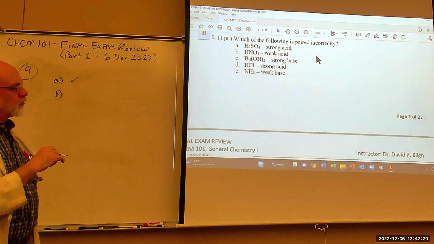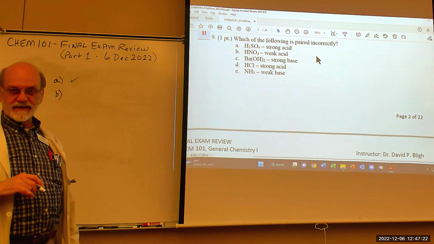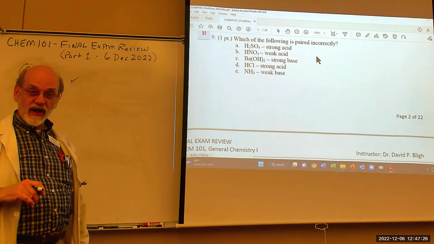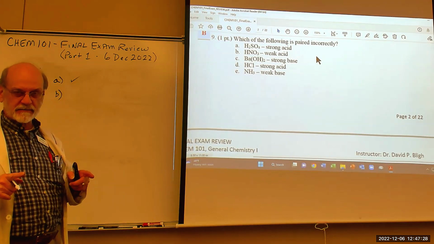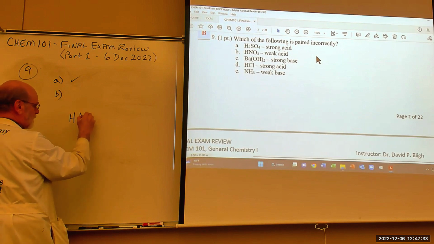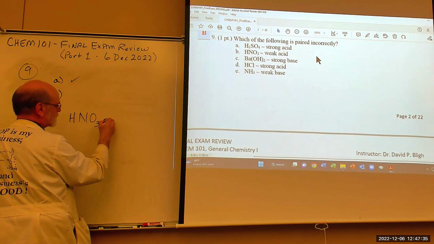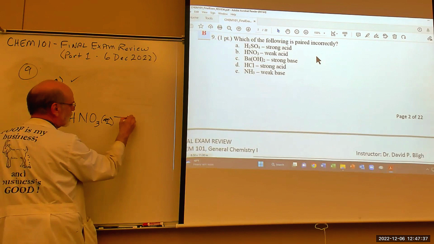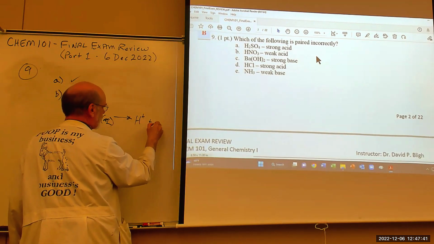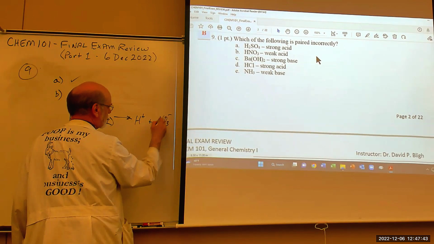How about HNO3 and weak acid? No, HNO3 is nitric acid. It is a strong acid, chemically speaking. Remember, a strong acid, this is an aqueous solution. When it ionizes, like that, right?